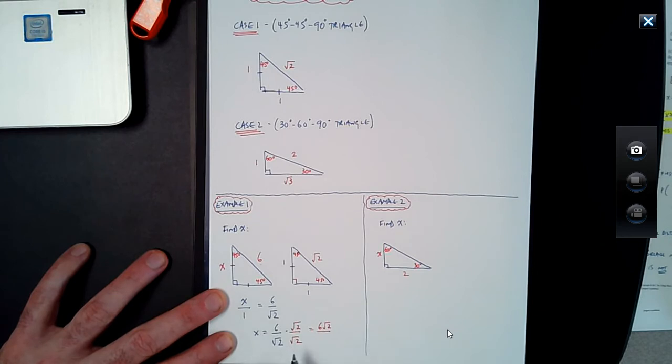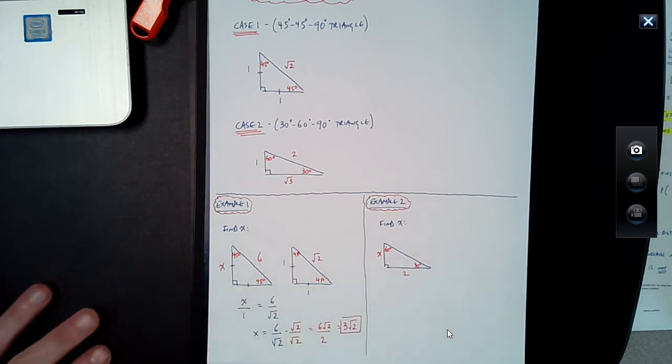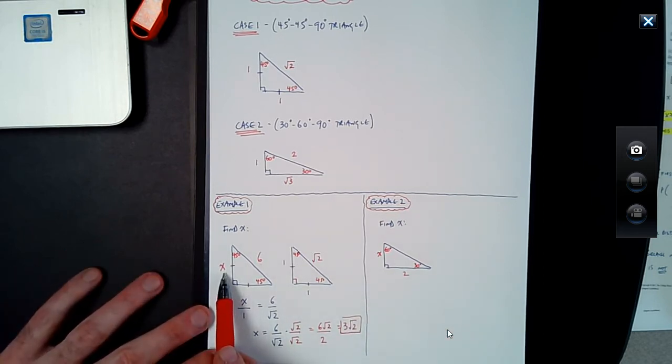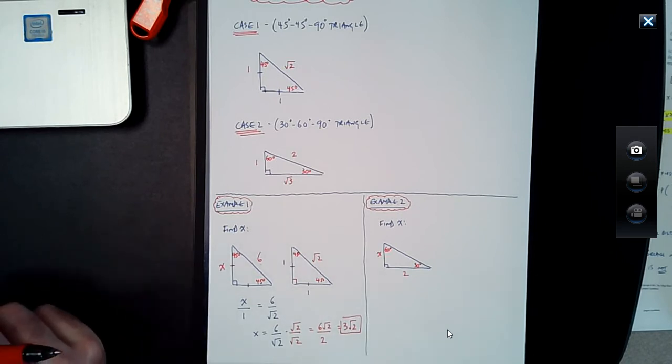The square root of 2 times the square root of 2 is just 2. And then if I have a 6 on the top and a 2 on the bottom, 6 divided by 2 is 3. So my answer would be 3 square root 2. So basically, this unknown side here would be 3 square root 2. See, no trigonometry involved, no Pythagorean theorem involved.